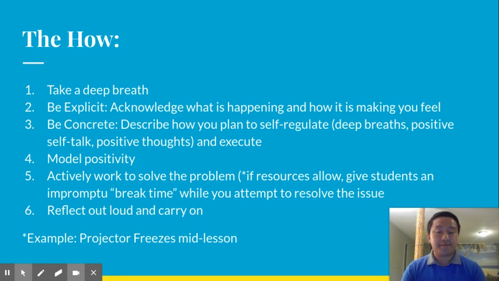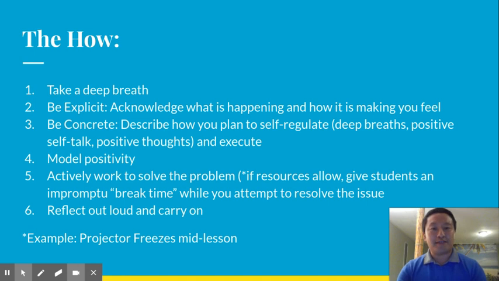And then positive thoughts. Sometimes it's visualizing a great vacation, thinking about your kiddos. I picture my daughter and I think of a funny thing she did that day, and that tends to help me snap out of an uncomfortable feeling. And then you do it. You execute. It doesn't really help to tell your students what you're going to do and what works for you if you don't show them.